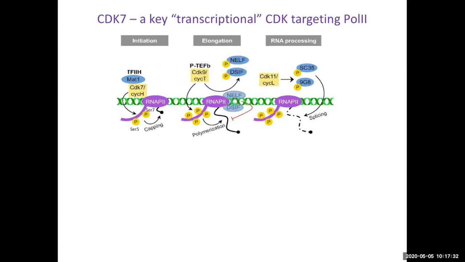It's very important for the initiation and start of elongation of RNA pol 2, and of course transcription itself. CDK7 is one of the first post-translational events on the tail of RNA polymerase 2, and that pushes to the next step, which is RNA pol 2 elongation.